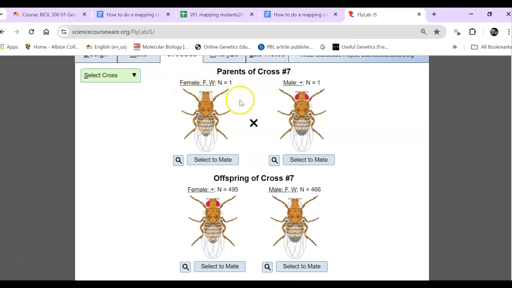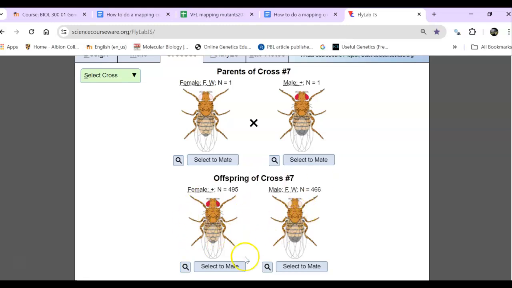So we have forked and white, all wild type. The males are forked and white over a Y chromosome. And these females got the forked and white from mom here and the plus plus from dad. So she's heterozygous for both genes. He's hemizygous for the mutants, which, for all intents and purposes, is homozygous recessive, same difference.